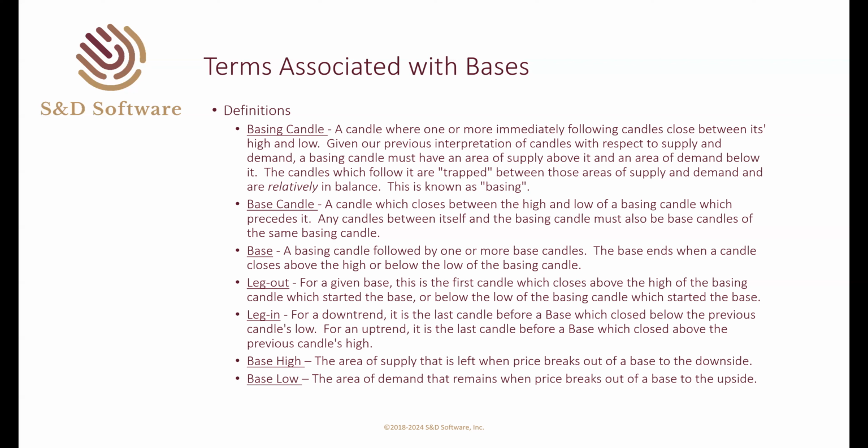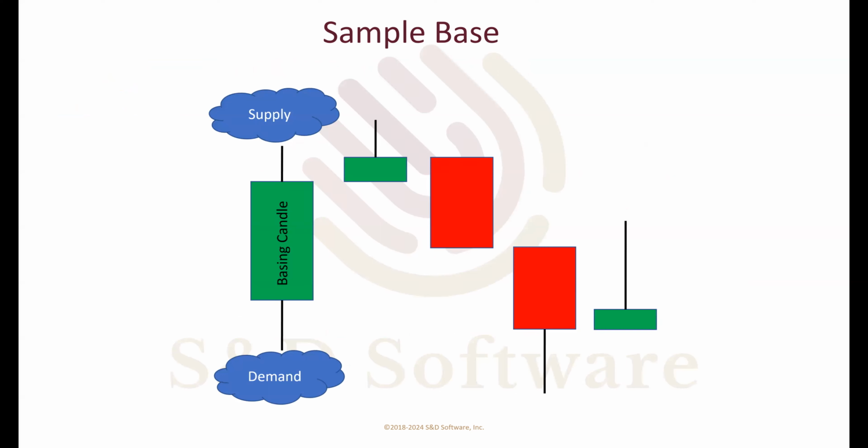So a picture's worth 1,000 words. Let's go see what this looks like graphically. Here we have a sample base. The base has not been broken yet. We can see we have our basing candle that starts the base, with supply above that basing candle and demand below it.